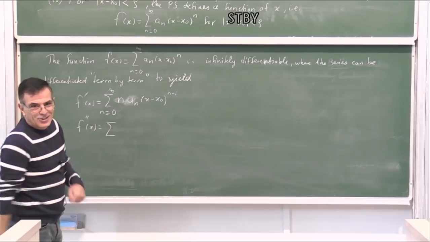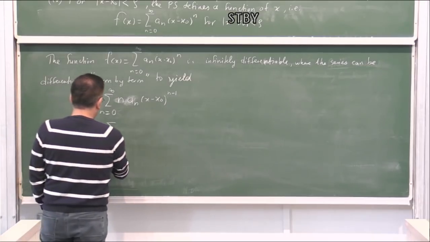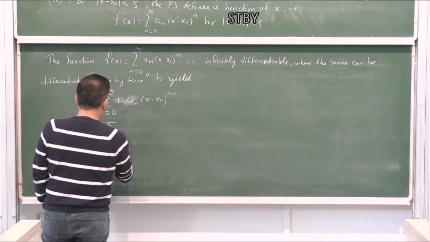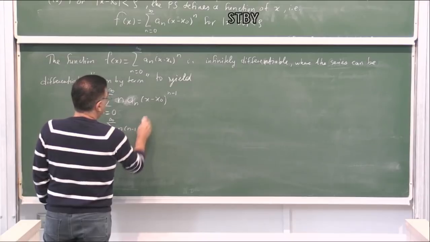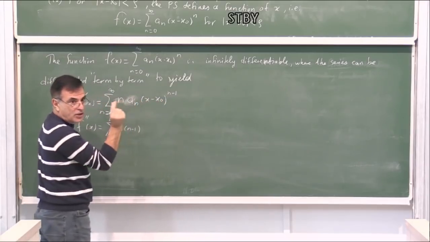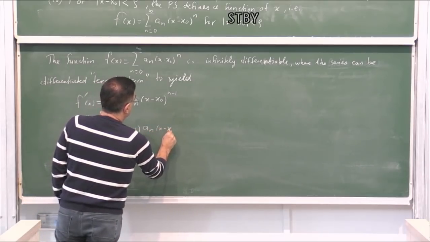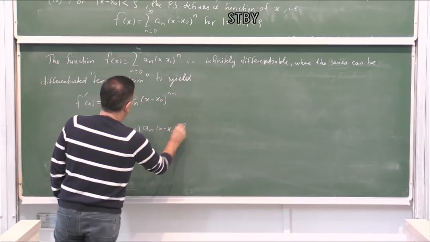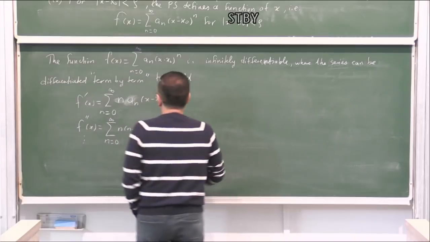So adding 0 to a sum doesn't change its value. I'll talk about that later. We have n times (n minus 1), and differentiating this series term by term once more, we have (x minus x0) to the power n minus 2, and so on. So infinitely many times differentiable.